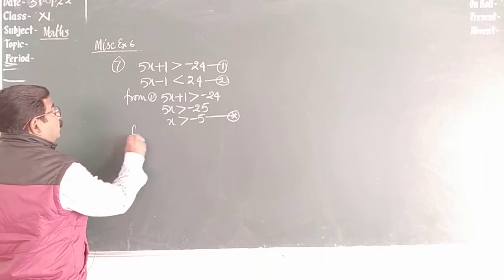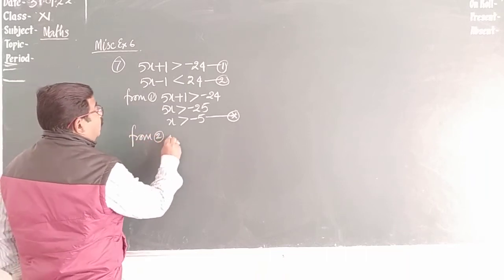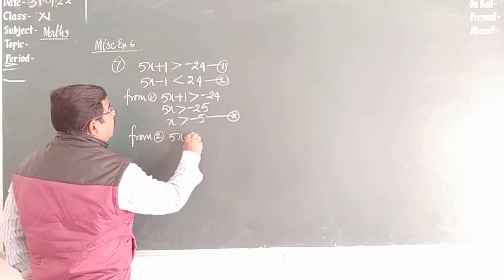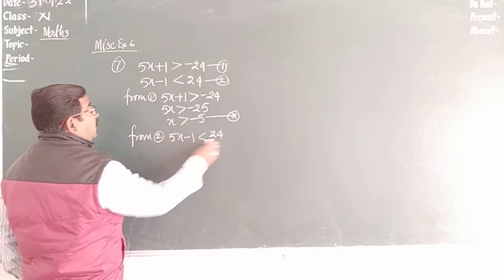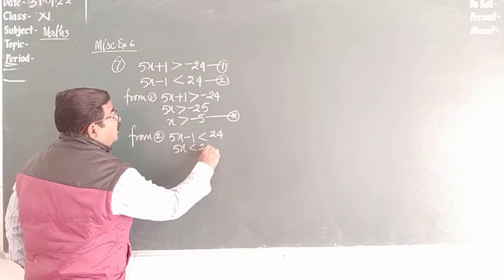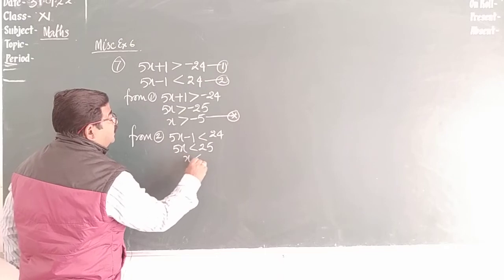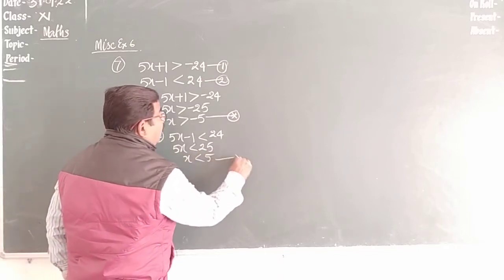From equation 2, 5x minus 1 is less than 24. Send this to this side. So we have 5x is less than 25. x is less than 5. So we have got the other result.